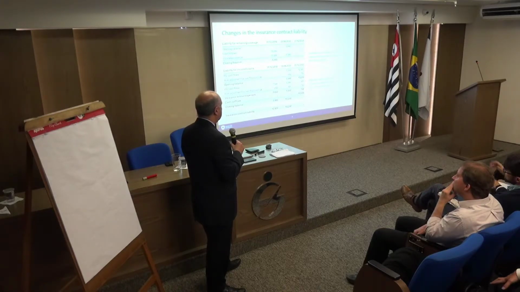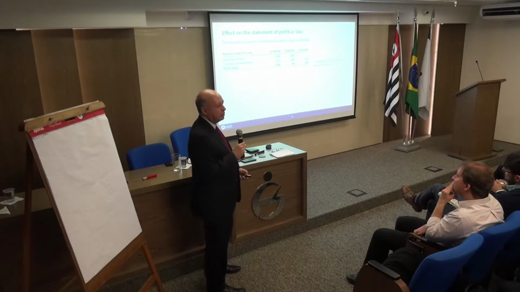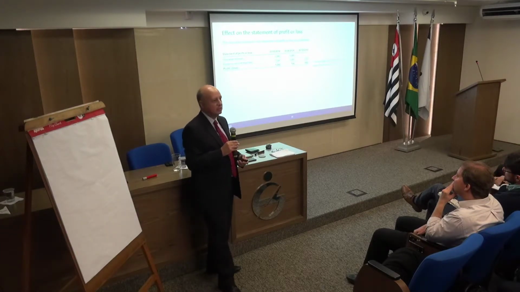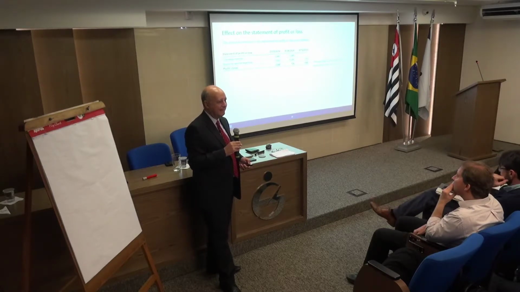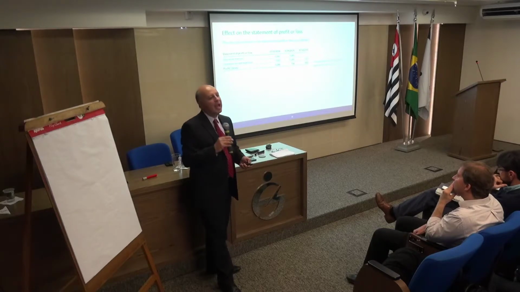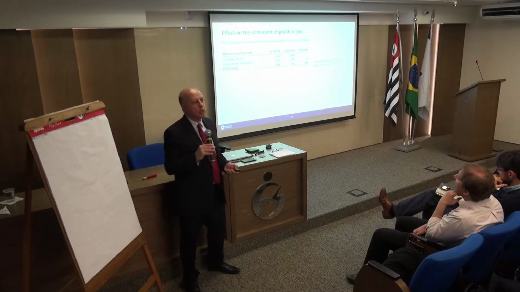If the claims are higher, the service expenses are higher, and then this number is also higher, but this is negative, so the profit is going to be lower, right? So I always look at the past, look at what were the claims.